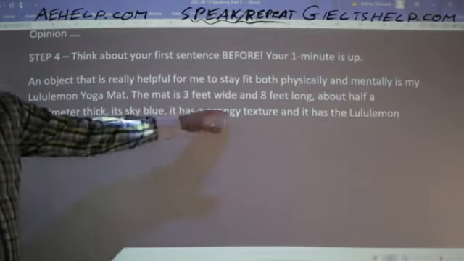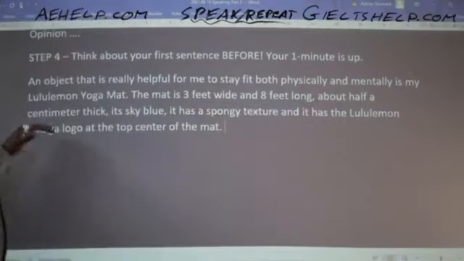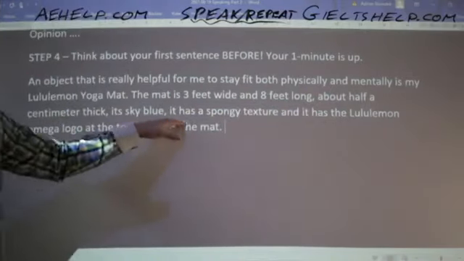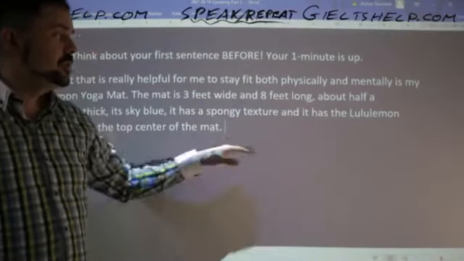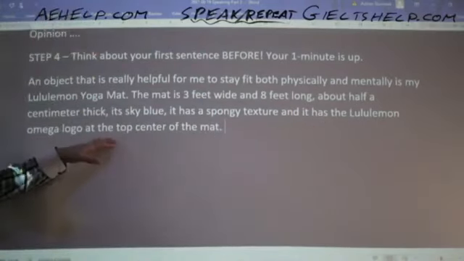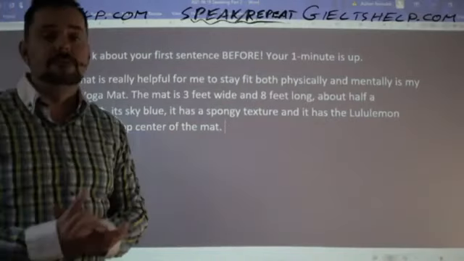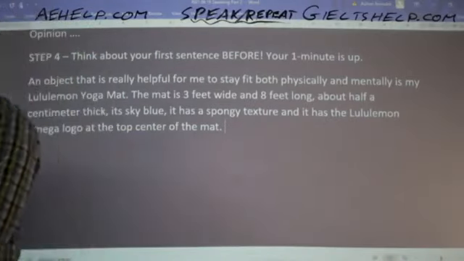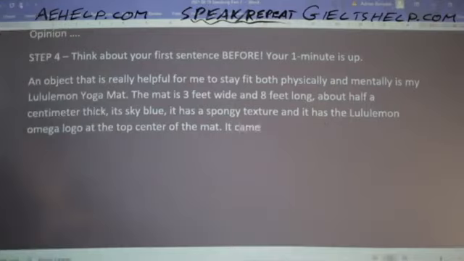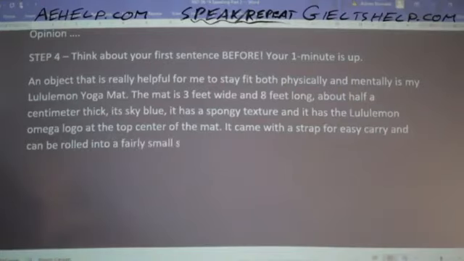So the mat is 3 feet wide and 8 feet long, about half a centimeter thick. It's sky blue. It has a spongy texture, and it has the Lululemon Omega logo at the top center of the mat. It came with a strap for easy carry and can be rolled into a fairly small sized tube.